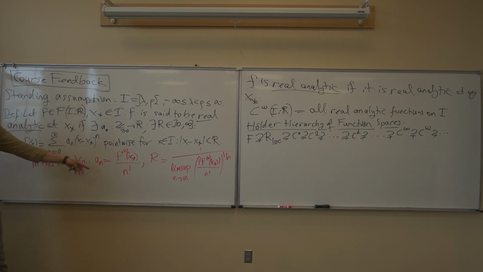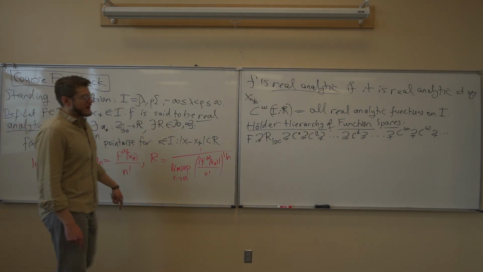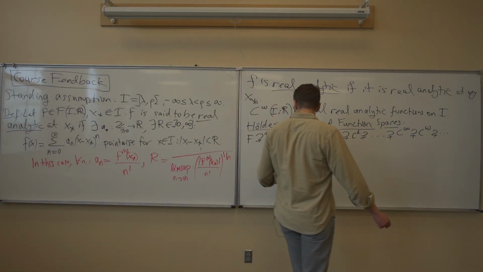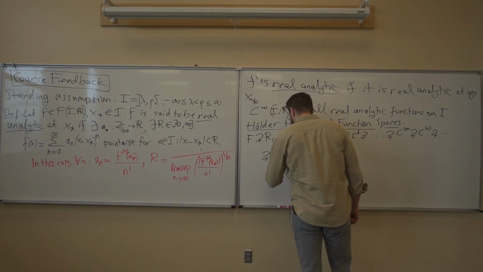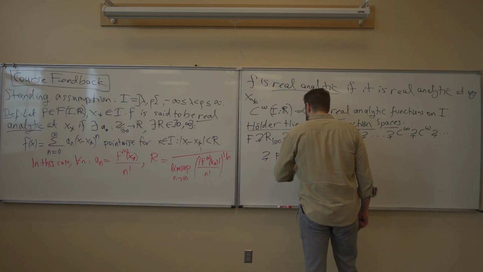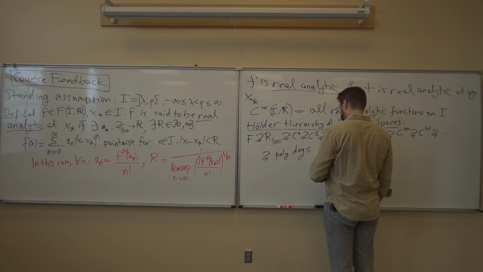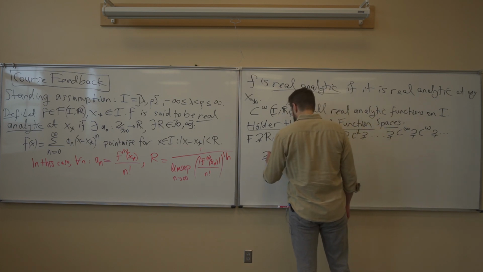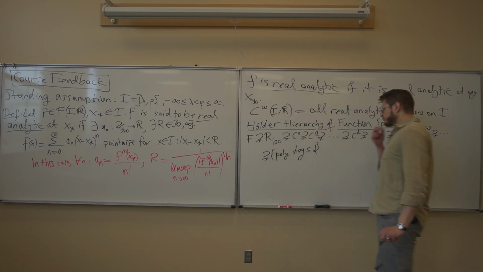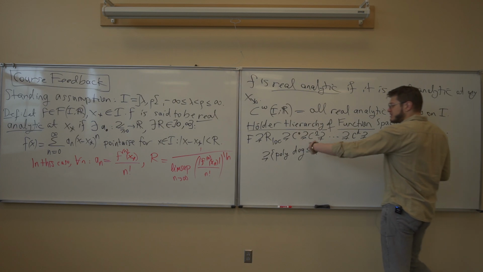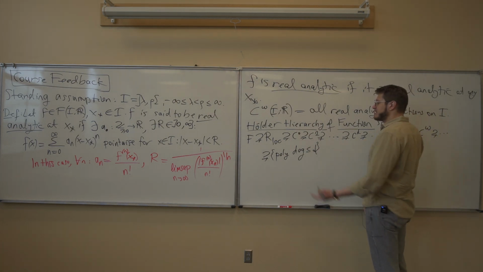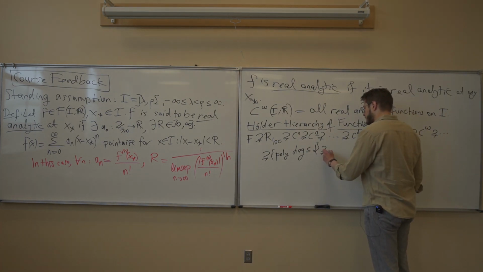In other words, for a polynomial, a_n would be 0 after finite n. And so eventually I'm going to reach the set of all polynomials of degree, let's say, d at most. And within this is the set of polynomials of degree d minus 1 and so on.